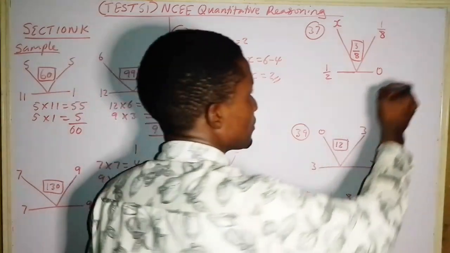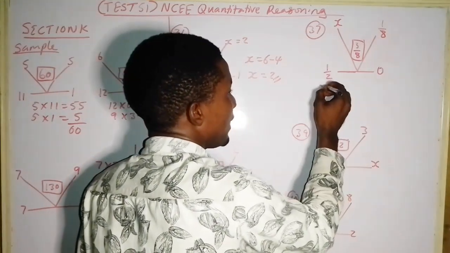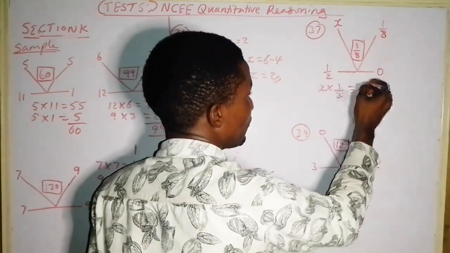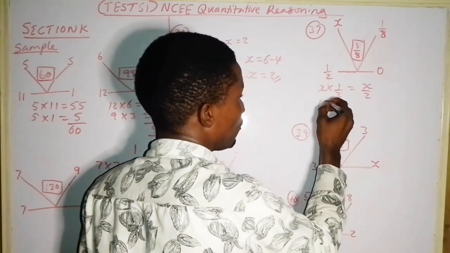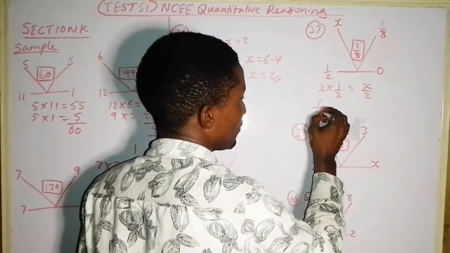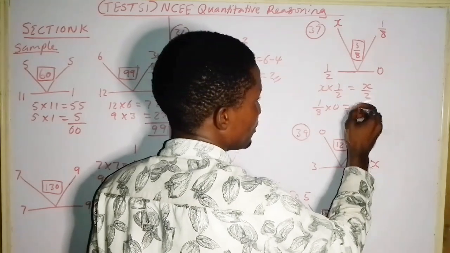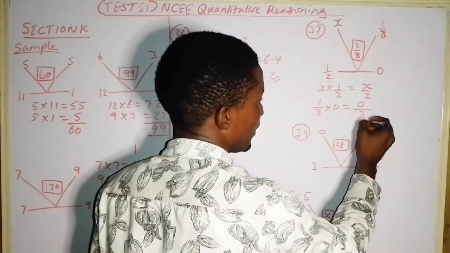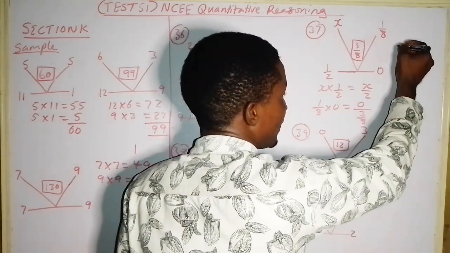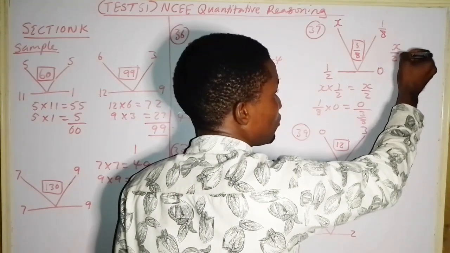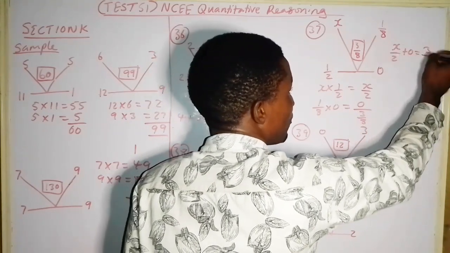Now let's go for the next question. We have x times 1 over 2 will give us what? x over 2. And 1 over 8 times 0 will give us what? 0. Everything equals what? 3 over 8. So when we have 3 over 8, let's turn it to a simple equation. We have x over 2 plus 0 equals 3 over 8.